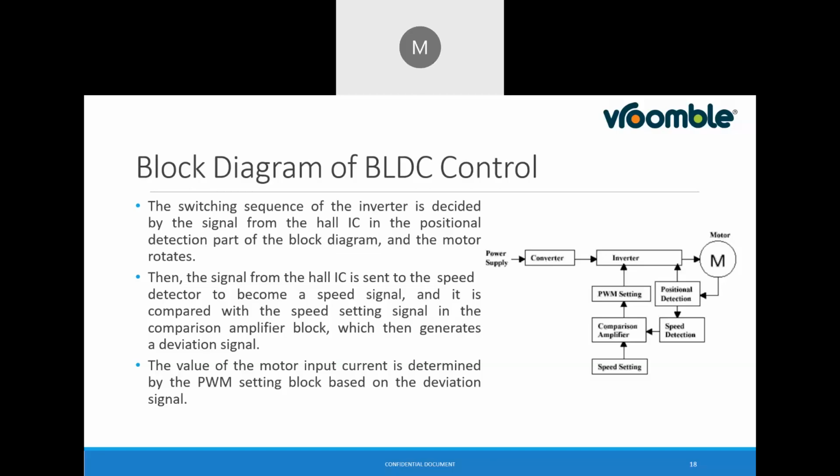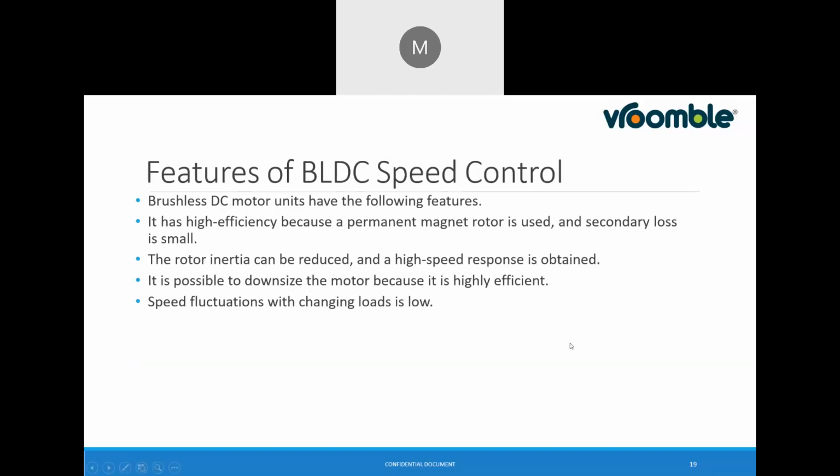The Hall IC sends a speed detector signal to the controller, and it compares the speed setting signal in the comparison amplifier block, which then generates the deviation signal. The value of the motor input current is determined by the PWM setting and the deviation signal, right? So this will be a closed loop system and you can control your speed.